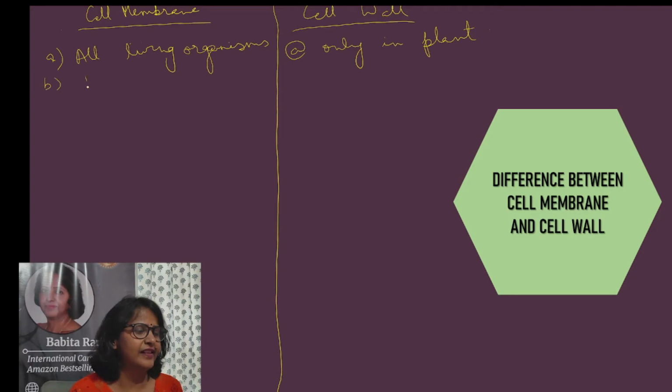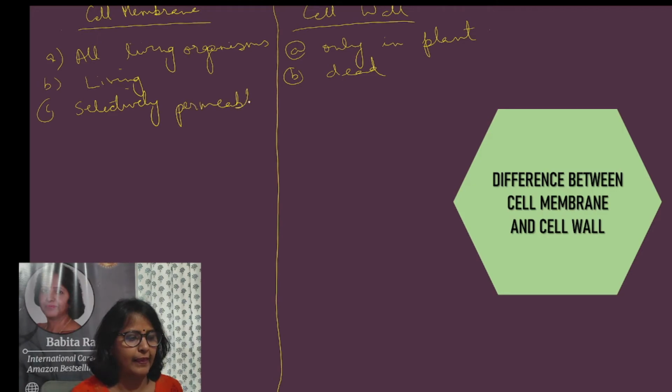Second is this is living, this is dead. Third one is it is selectively permeable. This is permeable.